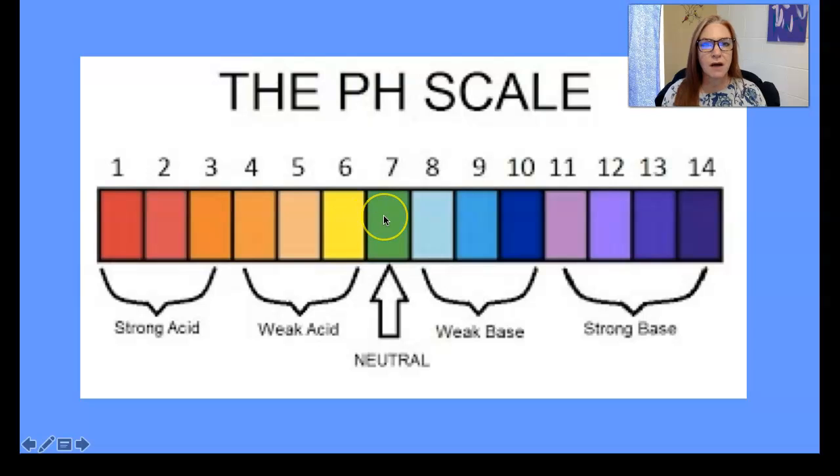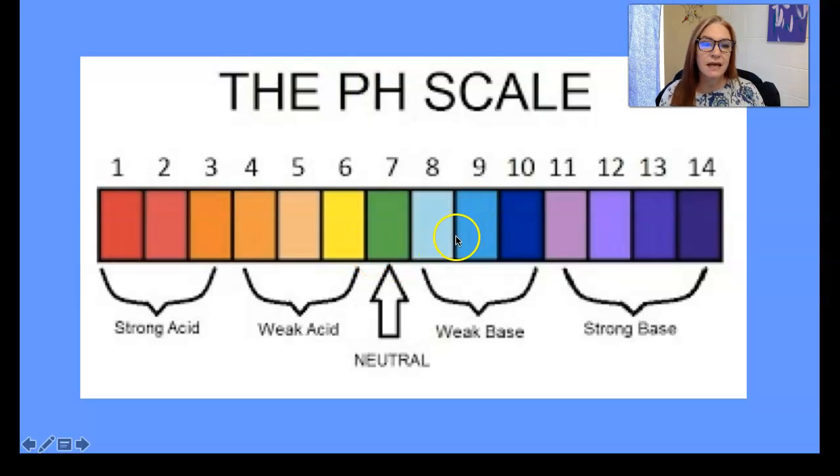So it's not at all what we might call caustic. Those hydrogen ions aren't going to go crazy down here. Hydroxide ions go crazy up here, and they can cause damage to tissues. So we have strong acids at the bottom, weak acids and buffers around 4 to 6.9, right?